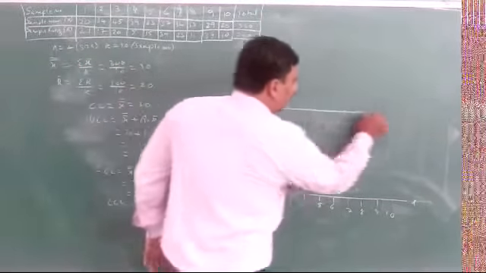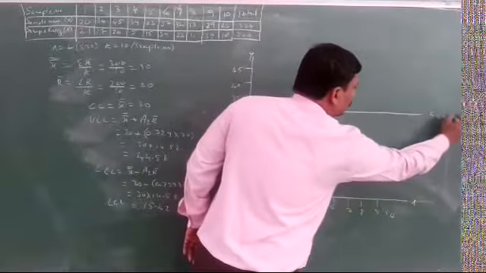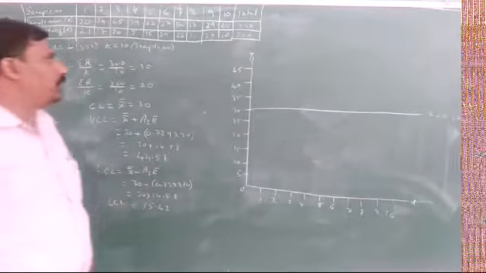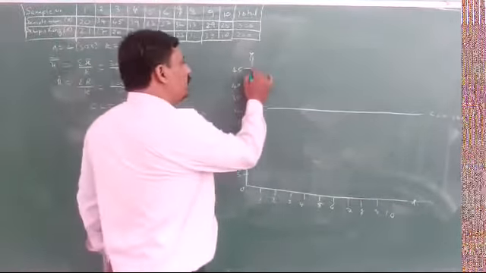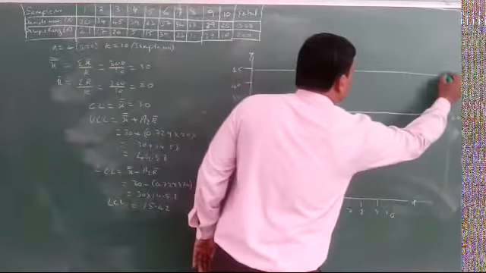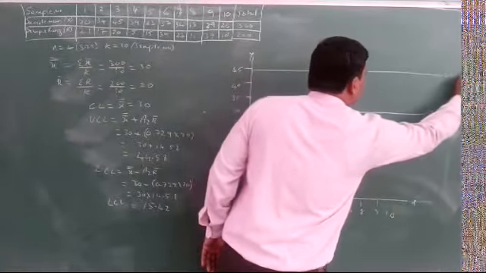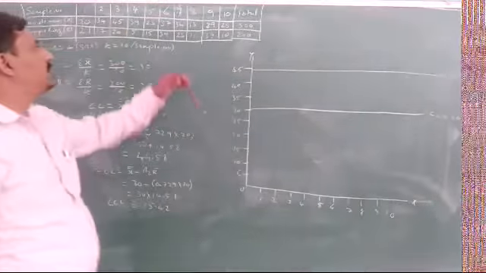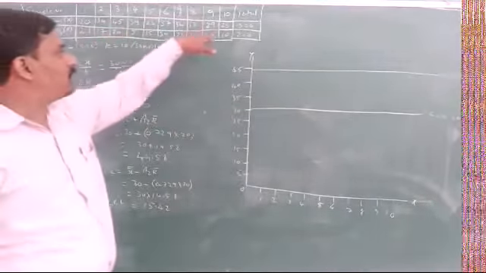Then the upper control limit 44.58, that is just below 45. Before drawing the graph, first we have to see the highest value in the graph also.